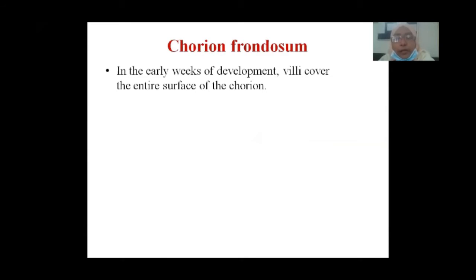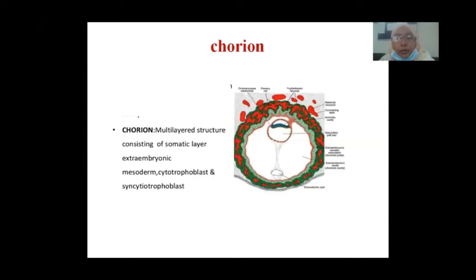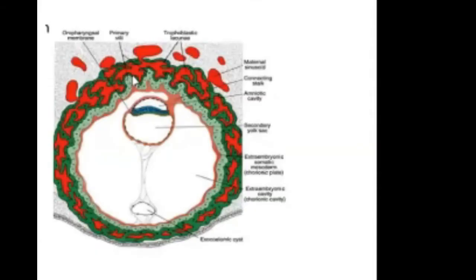During the early weeks of development, villi cover the entire surface of the chorion. Here we see the villus developing. During the early weeks, the entire surface is covered by these primary and secondary villi.